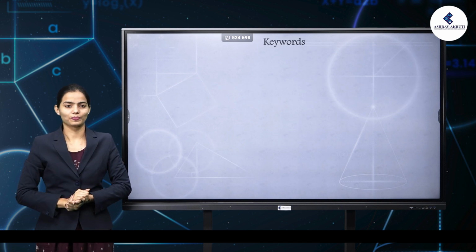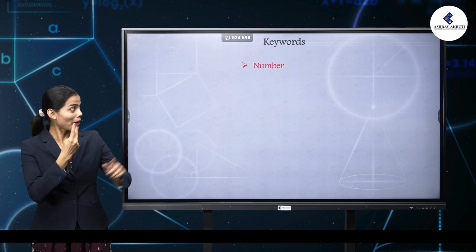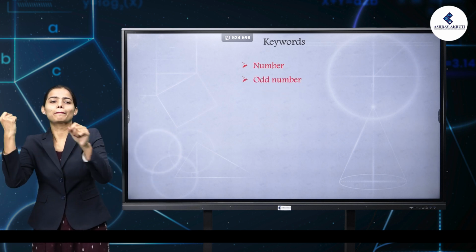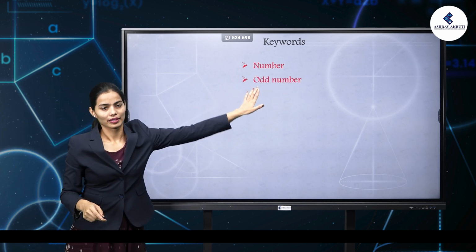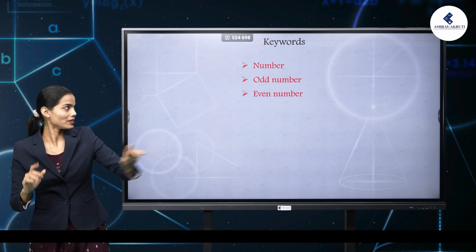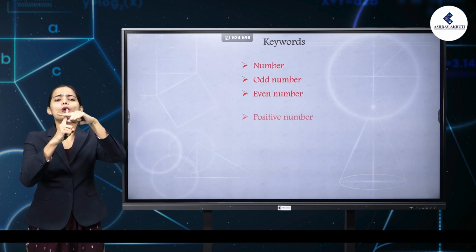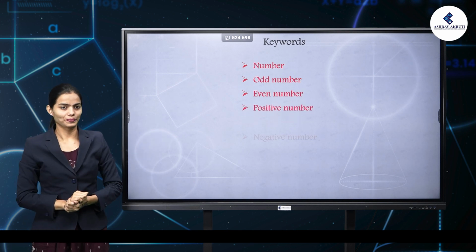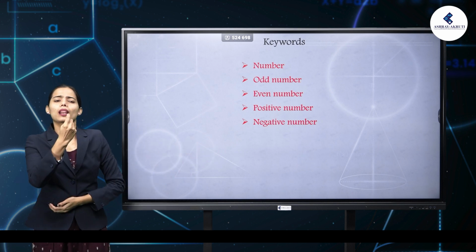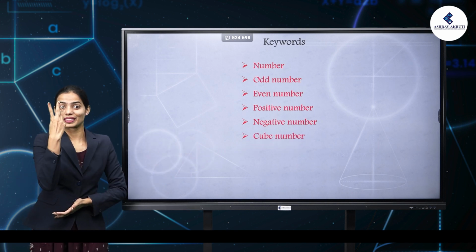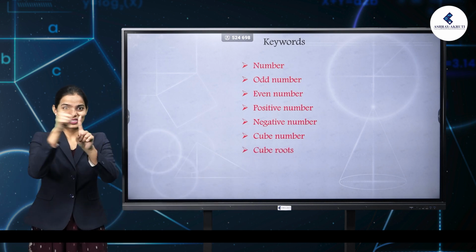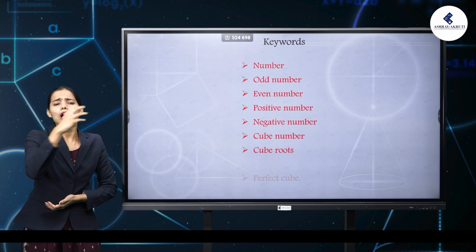Keywords from this lesson: number, odd number, even number, positive number, negative number, cube number, cube roots, and perfect cube.